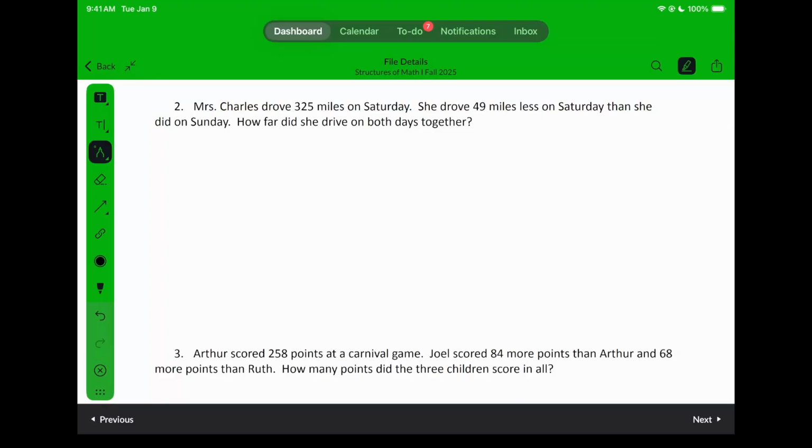So we're comparing Saturday and Sunday, and we're also putting Saturday, Sunday together to find the total number of miles on both days. So our types of problems are compare and put together, take apart.